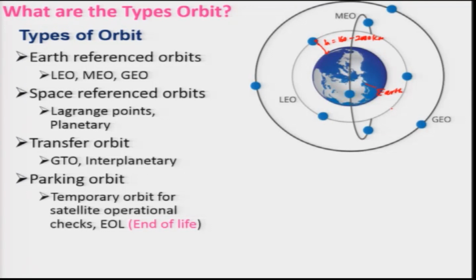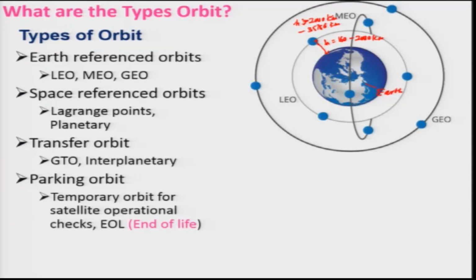The medium Earth orbit altitude range is from around 2000 kilometers up to 35,786 kilometers. This has an orbital period that can go from 2 to 24 hours.